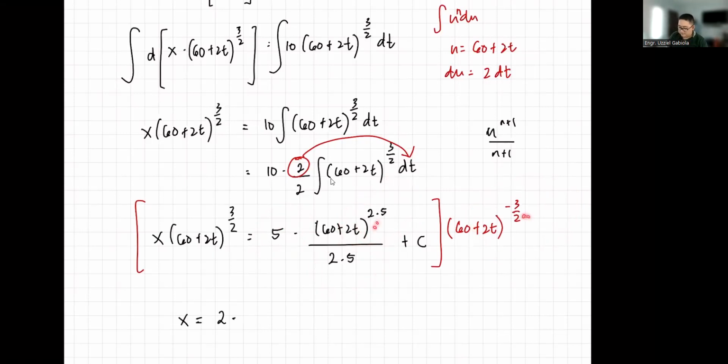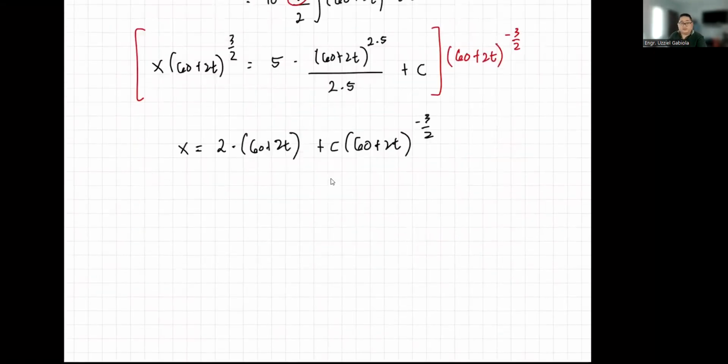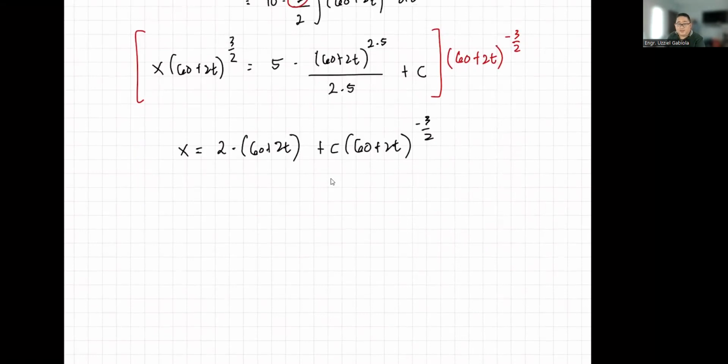So 3 halves, so that will be 60 plus 2t na lang to. Okay? Plus C times 60 plus 2t raised to negative 3 halves. Okay? So ito ngayon yung general equation natin. Pero kailangan natin is yung particular.